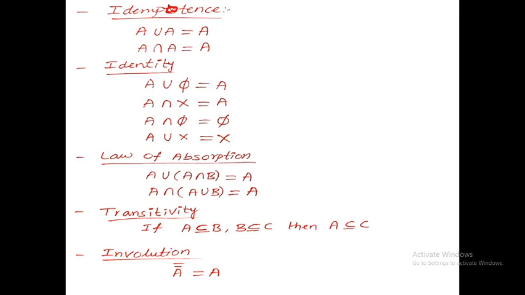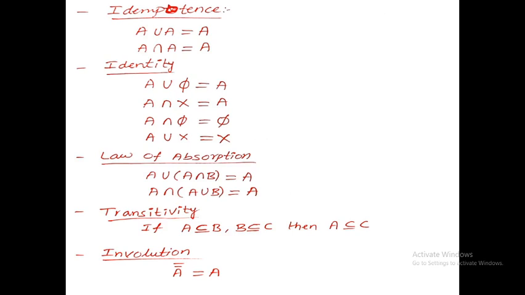In a similar way, A intersection (A union B). In the bracket, A union B is the term. First you do it for the bracket. What is there in the bracket? A union B means the entire portion of set A and set B comes in that bracket. That is intersected with A only.